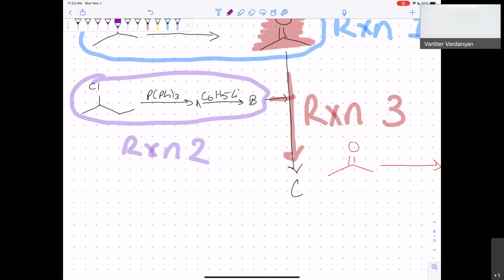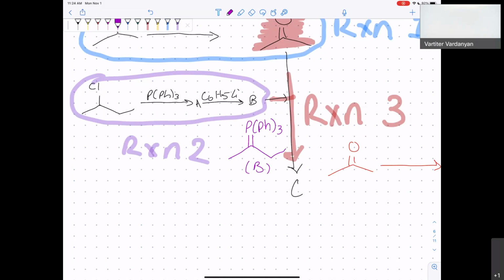So how I like to look at it is, in the first step to get to A, all you do is you replace Cl with PPh3. And then in the second step, you form a double bond. So I'm just going to say this guy, double bond PPh3. And that's going to be product B.